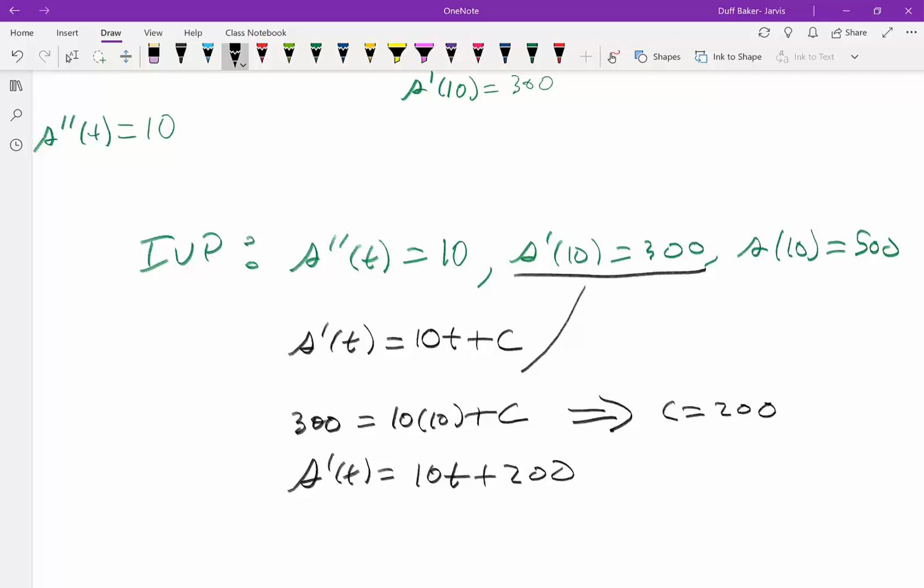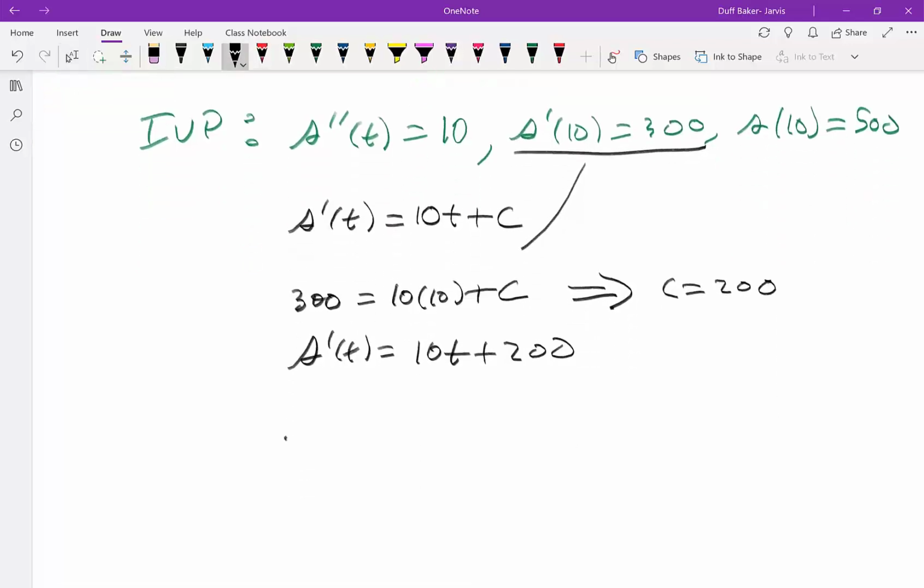Then you repeat the process once more. You would take the antiderivative. So the antiderivative of 10t is 5t squared, plus 200t plus another constant. And I'll call that a different constant d because it might be a different number.